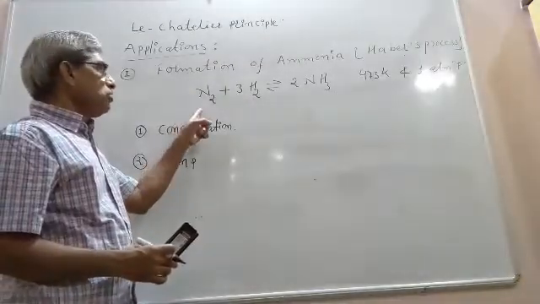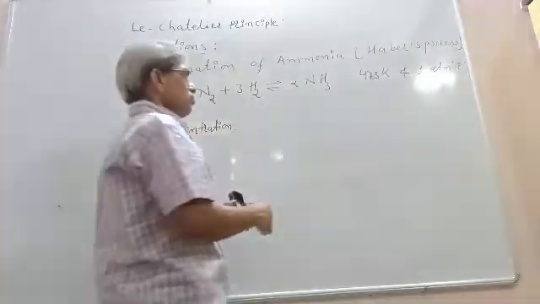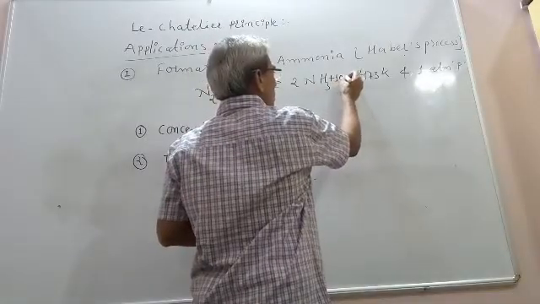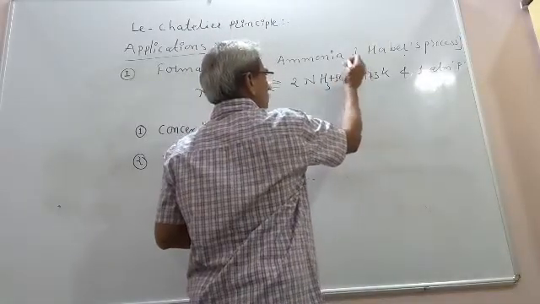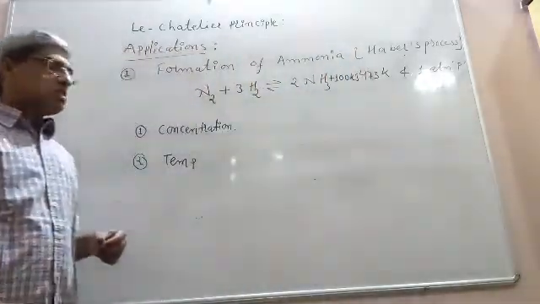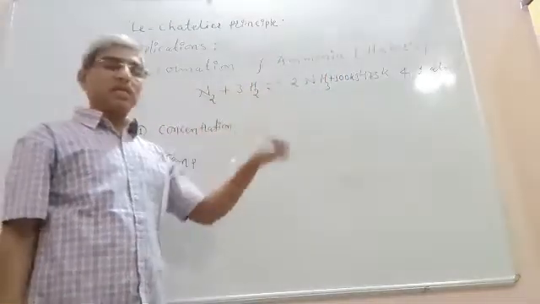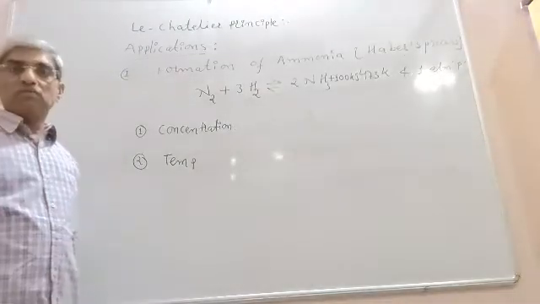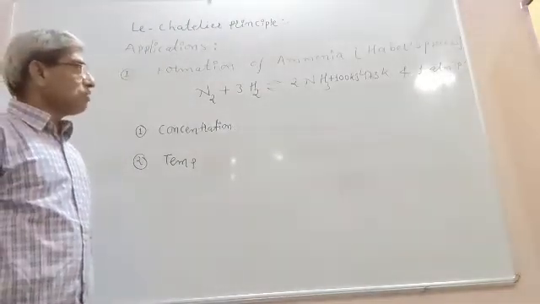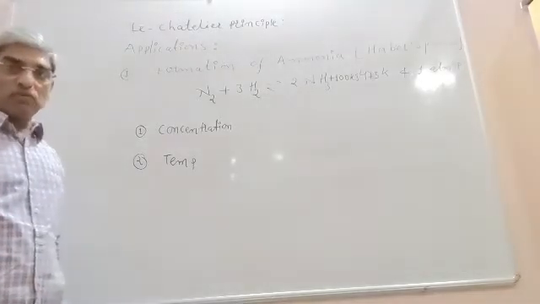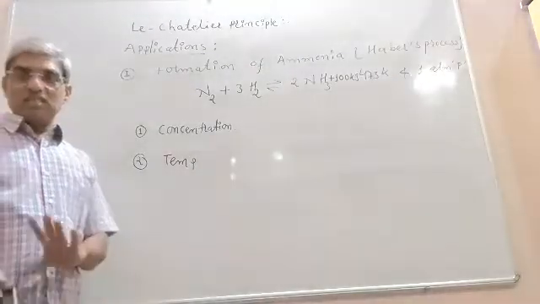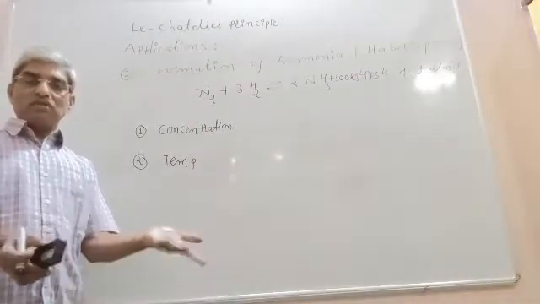As we know, N2 reacts with H2 to form ammonia with the evolution of 100 kilojoule. We just discussed that formation of ammonia is an exothermic reaction, and therefore according to Le Chatelier principle, if temperature changes, the equilibrium will shift towards left or right.